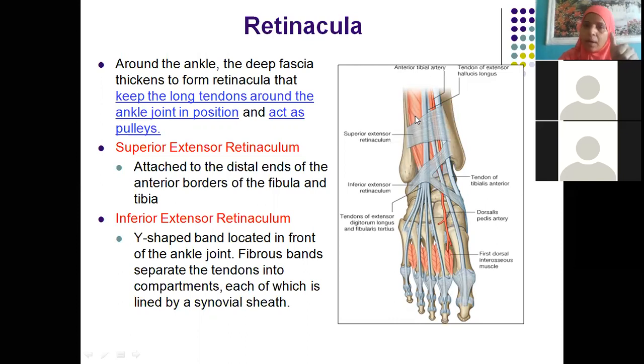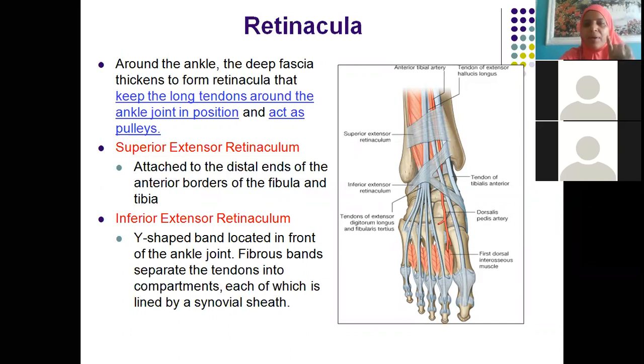extensor digitorum longus, beta. Extensor digitorum longus tendons. Then places. P is peroneus tertius, tendon of peroneus tertius. So these are the structures which pass beneath both the retinacula. They pass through the superior extensor retinaculum, then the inferior extensor retinaculum, to continue in the dorsum of the foot. The hospitals are never dirty places, very easy to remember.